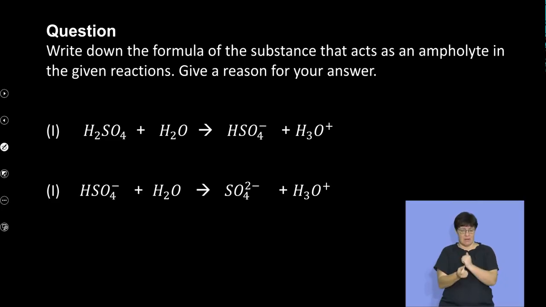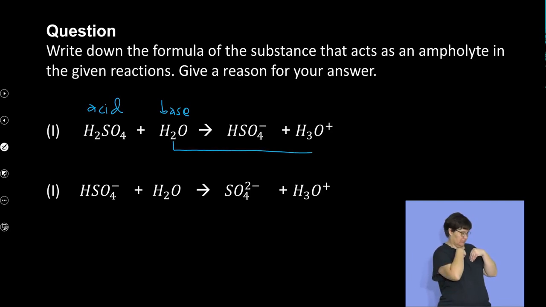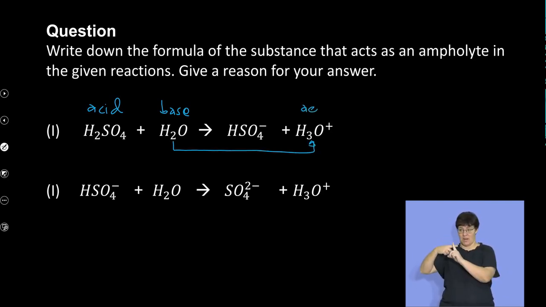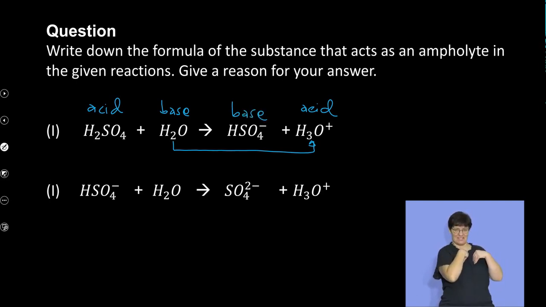Now if we look at the first reaction, sulfuric acid is an acid, while water is a base. So this is an acid plus a base. When water accepts a proton, it gives us a hydronium ion. This hydronium ion becomes a conjugate acid. It means the hydrogen sulfate ion is a proton acceptor in the reverse reaction, hence it's a base.